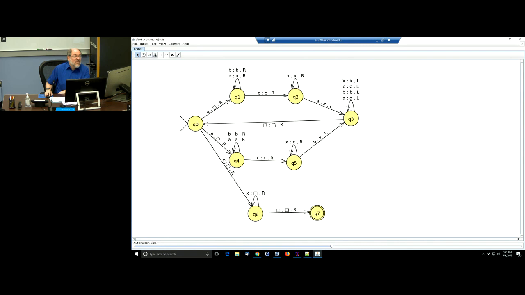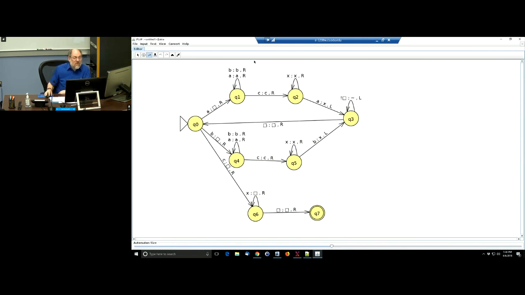So let's get rid of all those little single character transitions. And I can instead say, not blank, rewrite it with tilde, and then move to the left. And that means the same thing as the 4 or 5 transitions that we had there before.